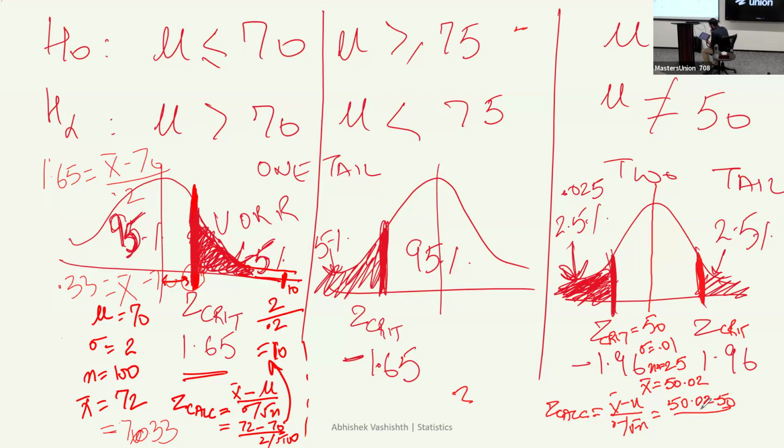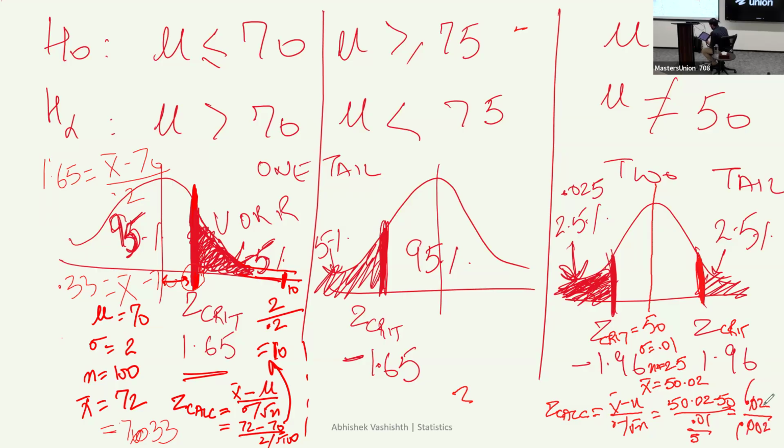Divided by sigma, that is 0.01, divided by root n. Root n is what? Root 25, which is 5. Can you solve this for me? 0.02 divided by, what is 0.01 divided by 5? 0.002.